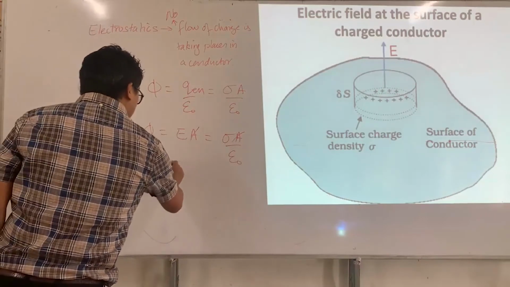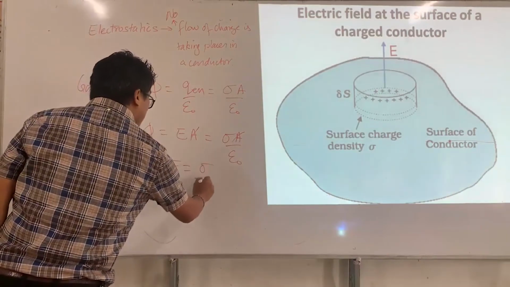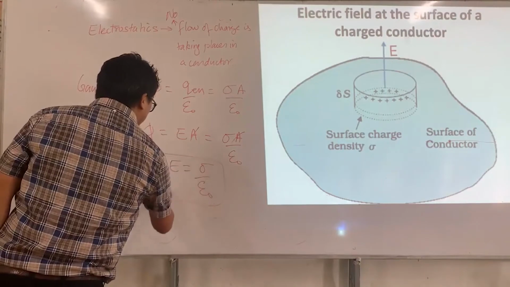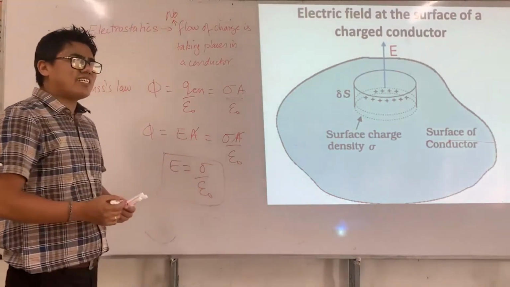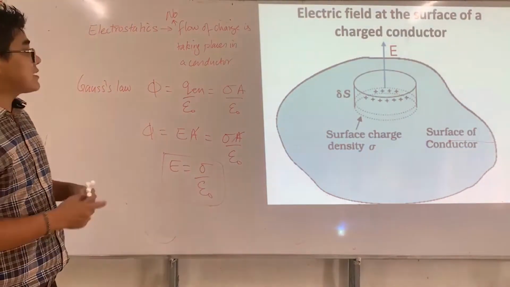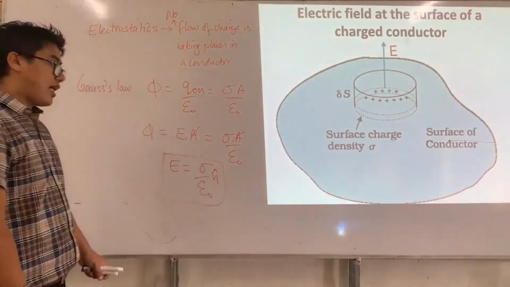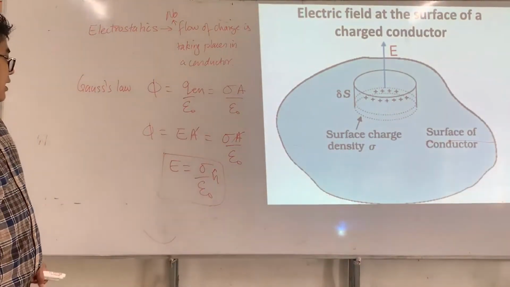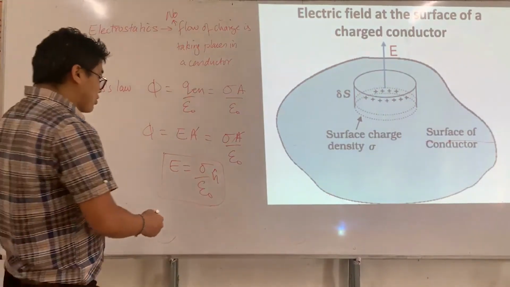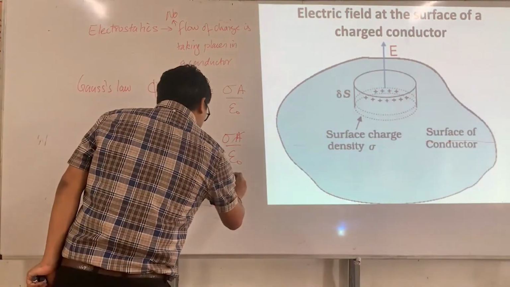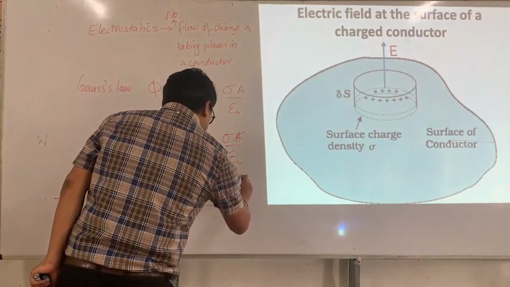Electric field must be equal to this. I've done it in the first chapter also. This is the electric field, and I'm going to put vector signs. N cap is a unit vector, because it is outward.